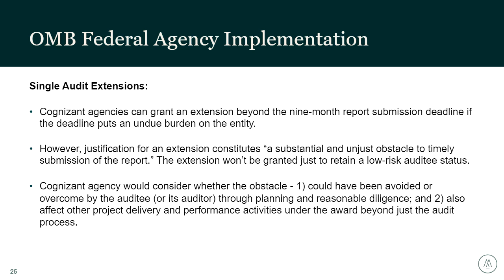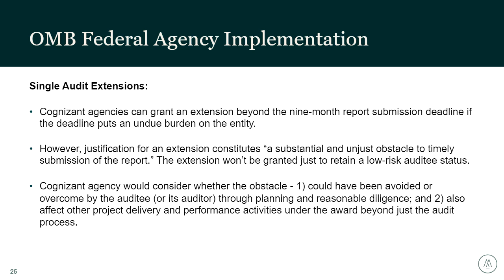This is a little surprising, because what they're saying is that not only is the auditee responsible for providing this, the auditee needs to get information from the auditor to also explain why this is a substantial and unjust obstacle. So like Matt mentioned, turnover of one person in your finance department would probably not be considered a substantial and unjust obstacle.